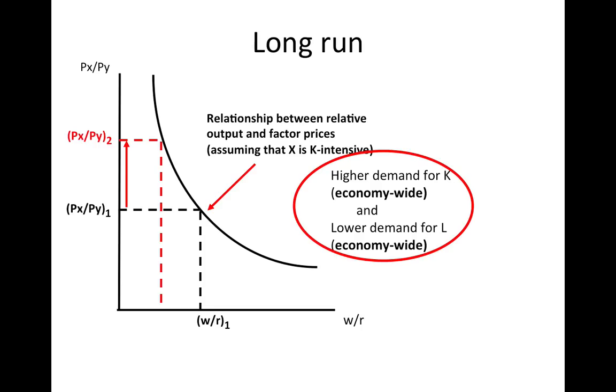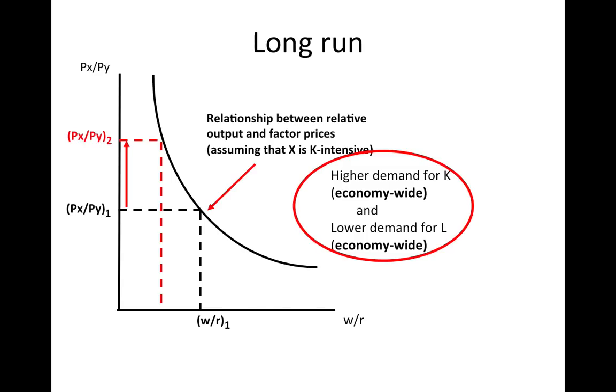It's a signal to firms in the Y industry to contract because X is becoming relatively more expensive, relatively more attractive for firms to operate in that sector. And there's going to be an overall economy-wide demand increase for capital because it's the capital-intensive sector that's expanding, and a lower overall demand for labor because the labor-intensive sector is contracting.